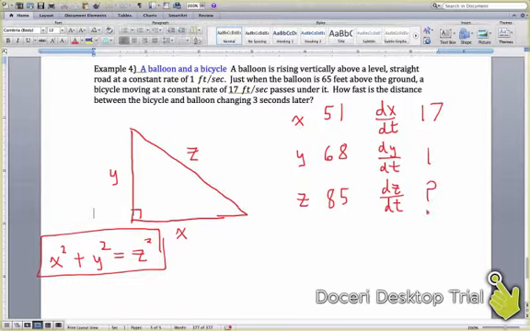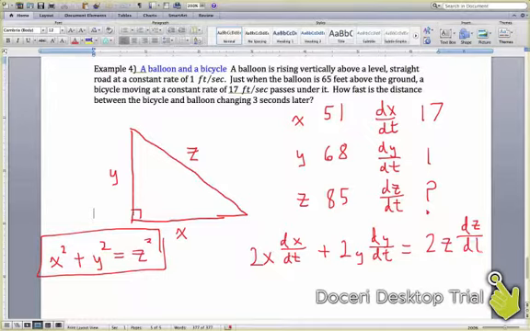So now differentiate both sides with respect to t. Since they all have a factor of 2, you can cancel that out, or you can divide both sides by 2. All of the 2's will cancel.